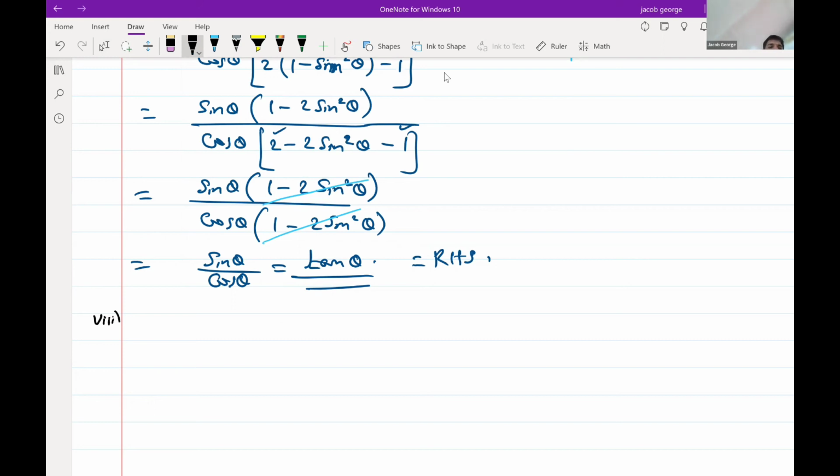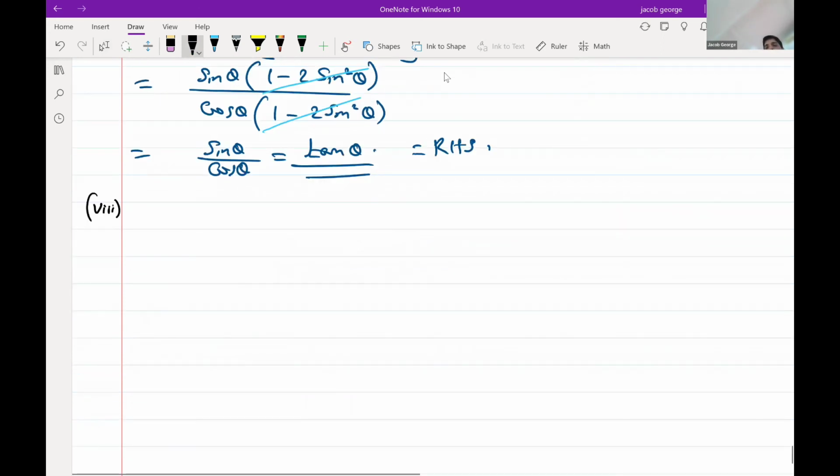Now the 8th sum. 7th is completed, 8th one.